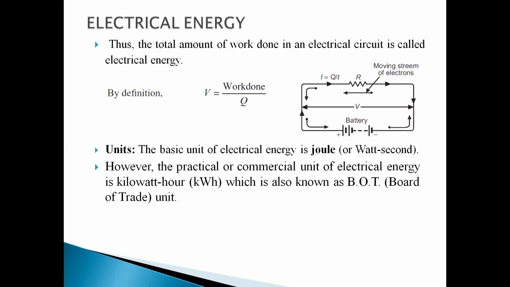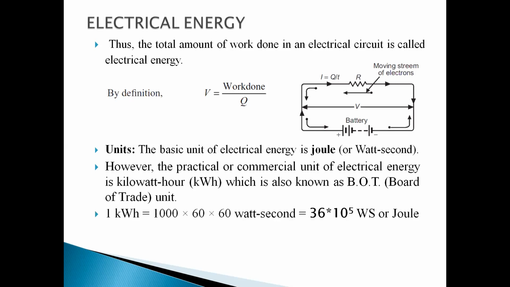However, the practical or commercial unit of electrical energy is kilowatt hour, which is also known as BOT, Board of Trade Unit. In our home, we have an energy meter, and we measure in kilowatt hours. 1 kilowatt hour is equal to 36 into 10 to the power 5 watt second or joule.